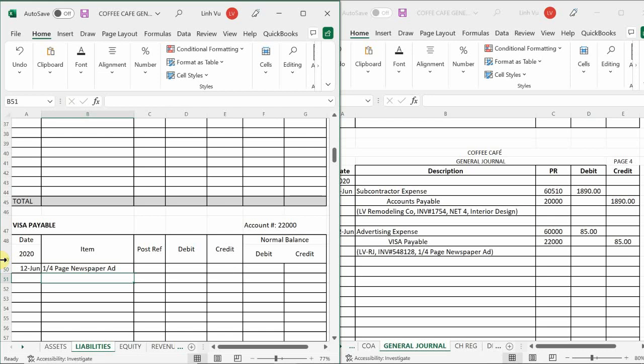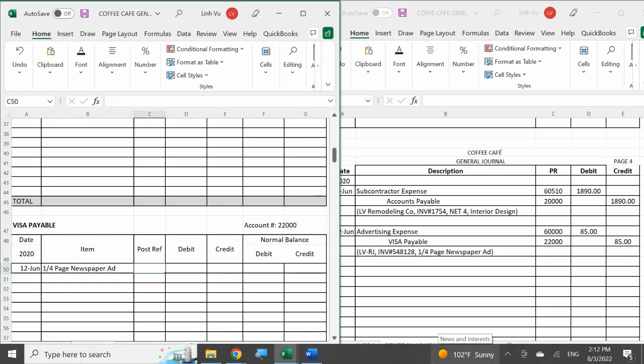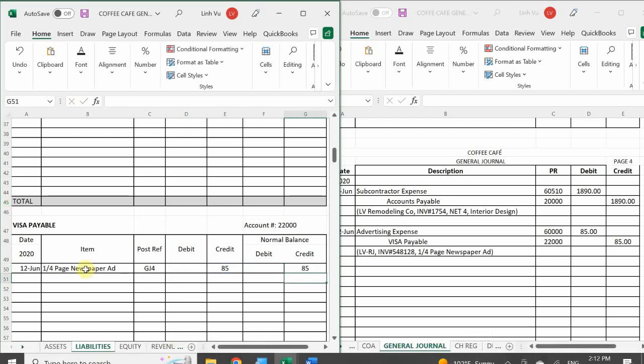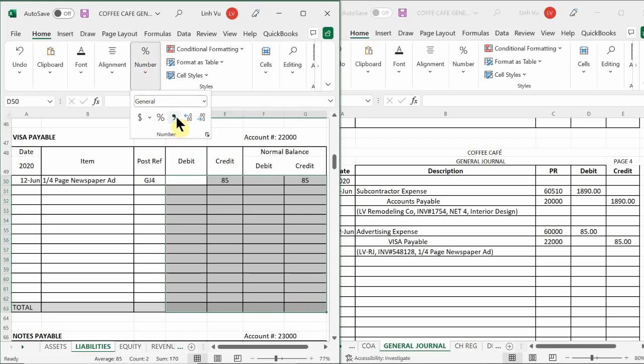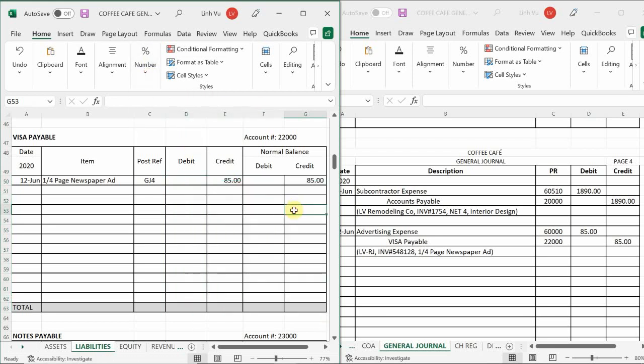That's all it's going to tell me. But if I'm keeping a really good track record of everything and double checking my work with my journal, I would already know that this transaction is the LVRJ. So General Journal page 4, and this time we're going to credit our account for $85.